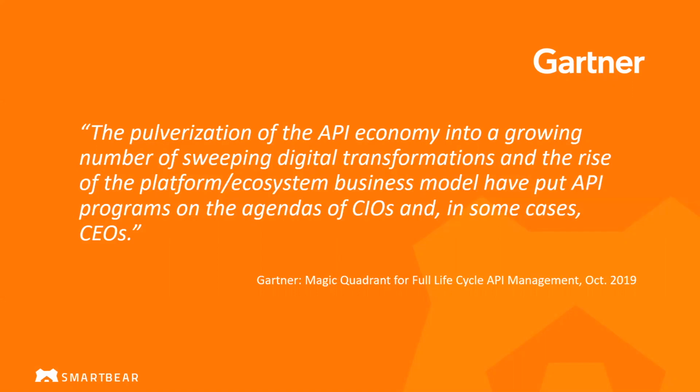But increasingly over the last year or so, I've seen a spike in conversations that involve the likes of a CIO or a CEO. The idea of a digital transformation that involves APIs is going further up the chain, and getting onto the agendas of more strategic decision makers in organizations, which is good to see.